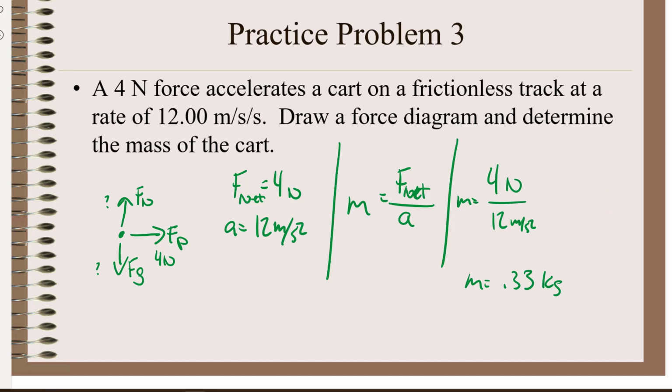And since we got that, we can come back over here and put 3.3 newtons. And there you go. All right, that's how we do the basic force diagrams and apply Newton's second law to those.